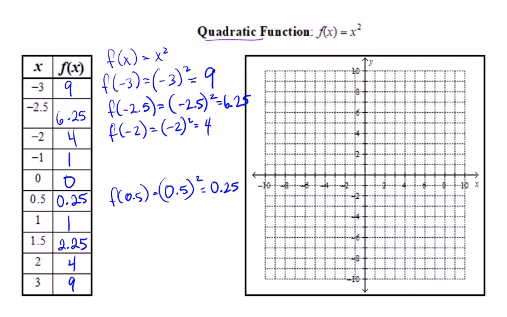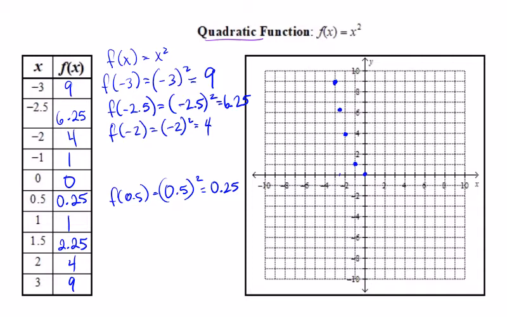So when I graph this, -3, 9 is up here. -2.5, so it's somewhere right in there. And 6.25, so something like that. -2, 4. -1, 1. 0, 0.